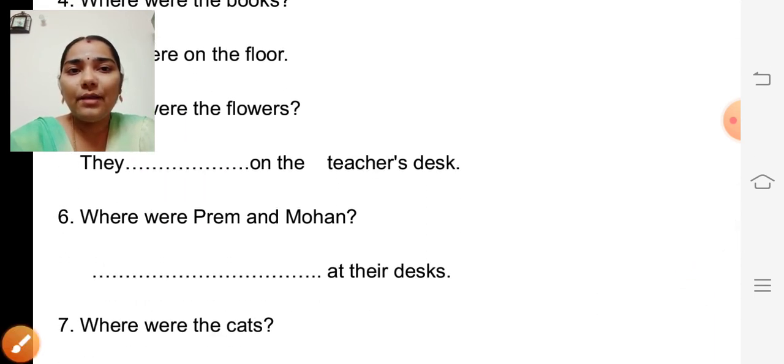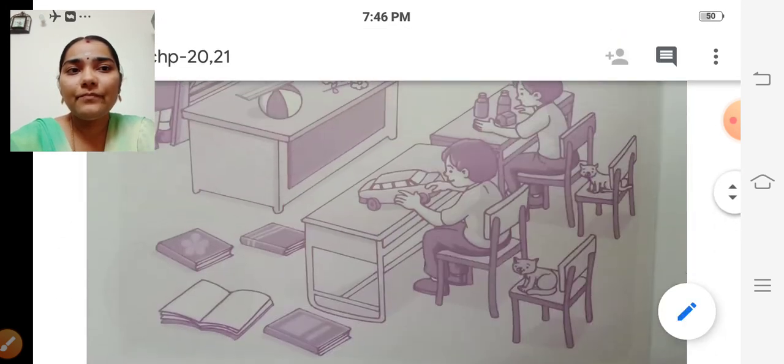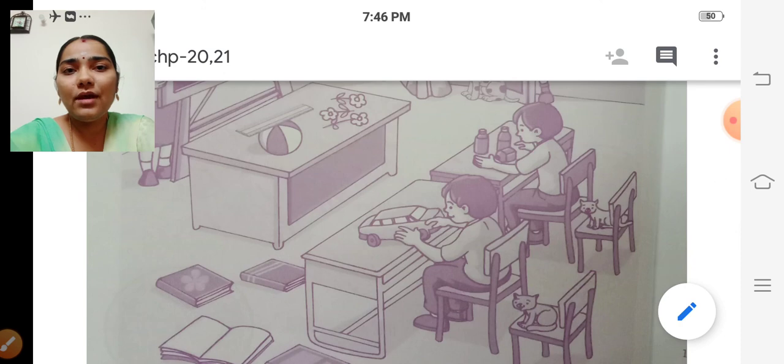Where were Prem and Mohan? So there were two boys in the picture, isn't it? So what are their names? Prem and Mohan. So where were Prem and Mohan? Where were they? So they were sitting at their desks, isn't it?